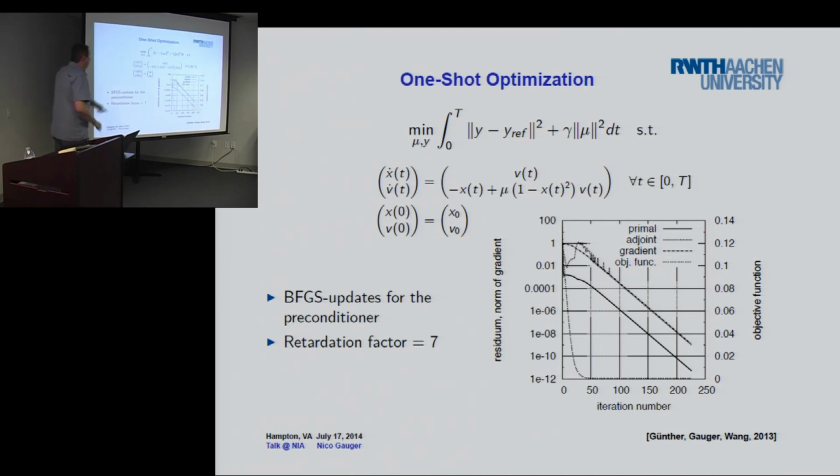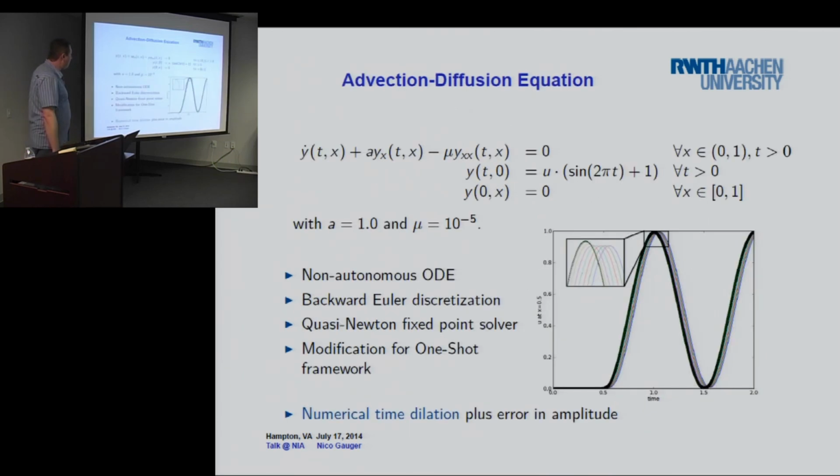And of course we do a Tychonoff type regularization with respect to mu to have a well-posed inverse design, which one usually should do. So this is a retardation factor 7. One-shot works here. But now, more realistic things.